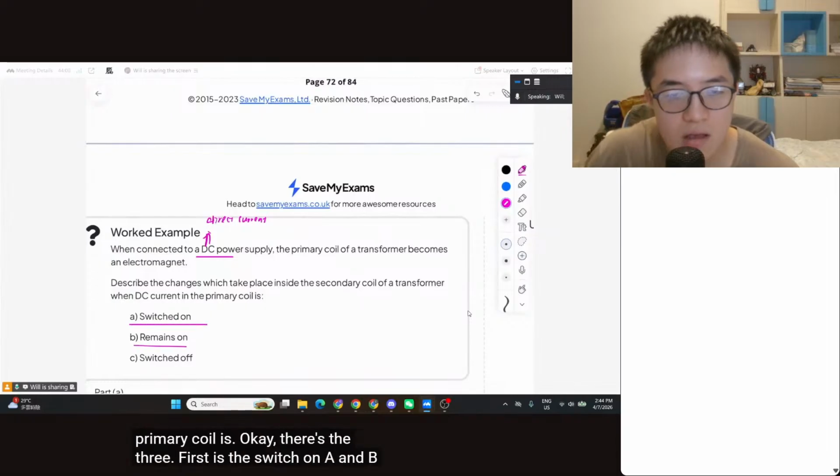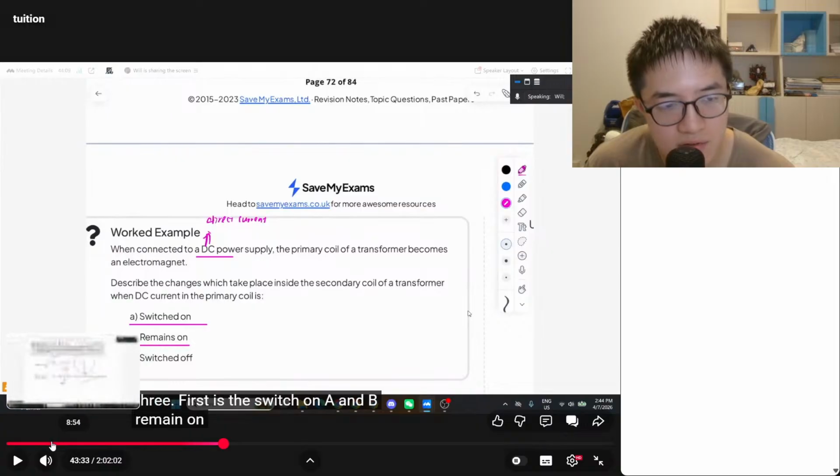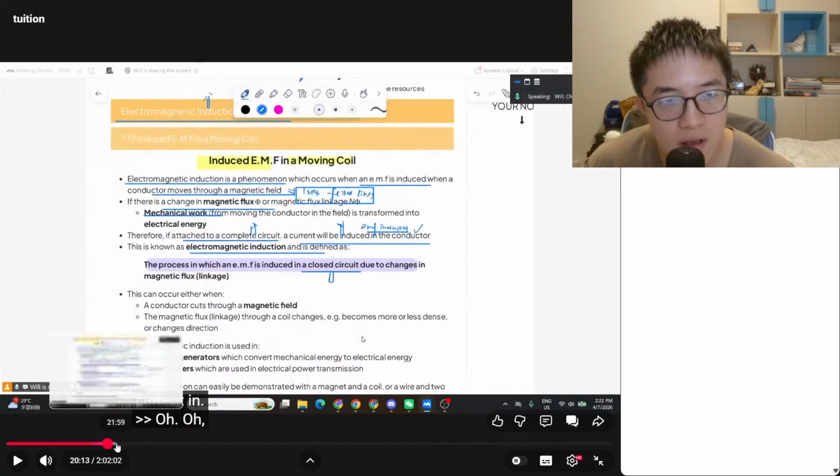First is the switch on. Okay, I'm just going to check real quick what we learned previously. Induced EMF.